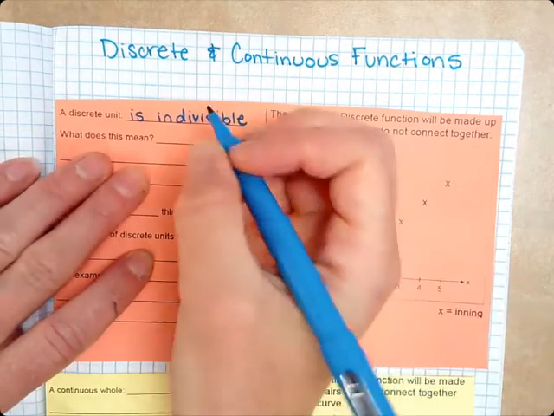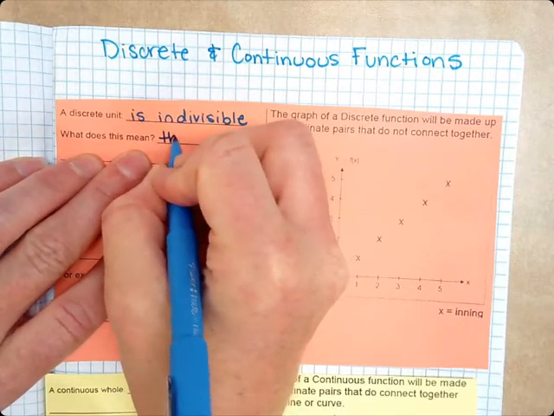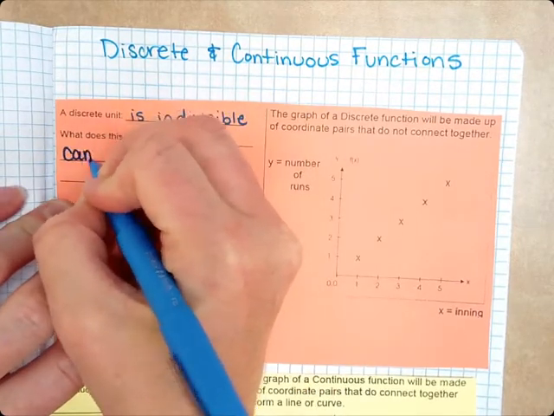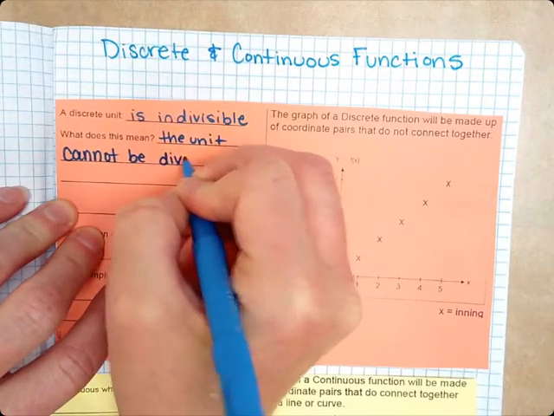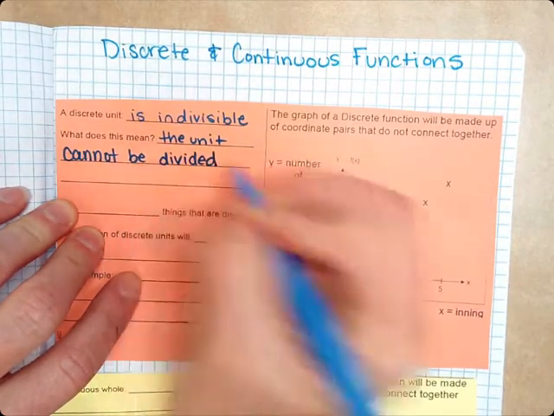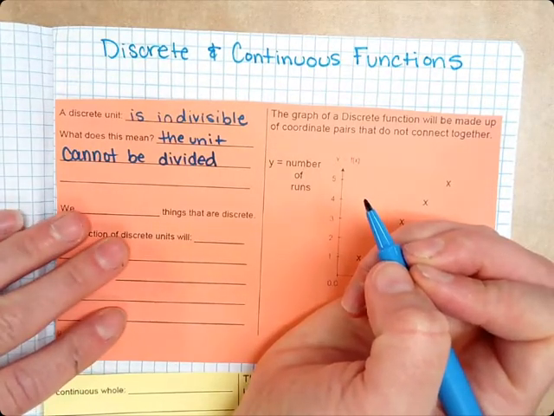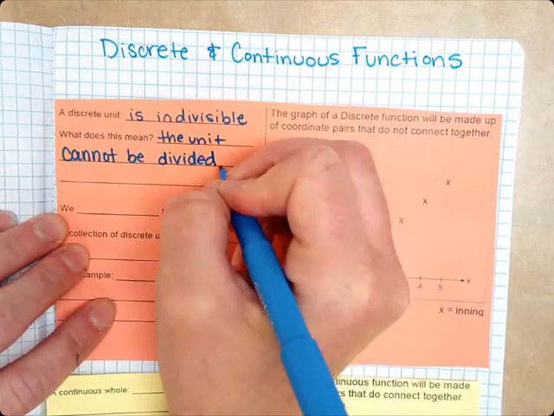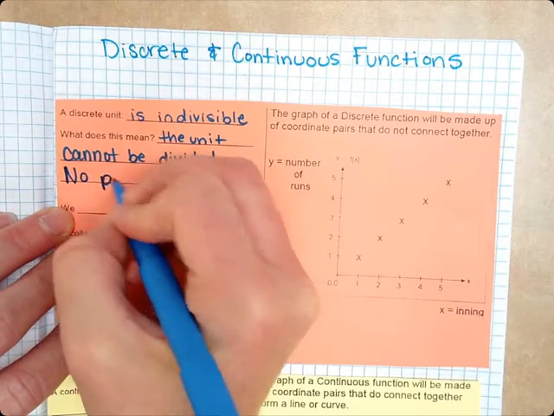So what does this mean about a discrete unit? The unit cannot be divided. So whenever we say cannot be divided, there are no partial parts. No partial units.